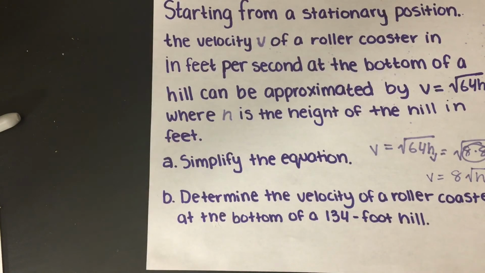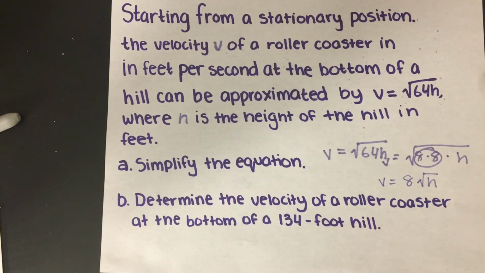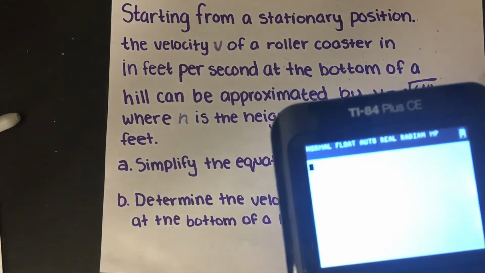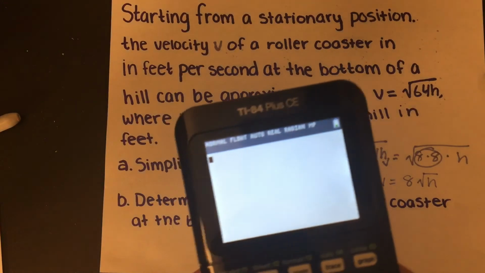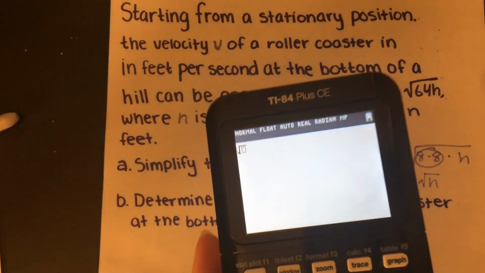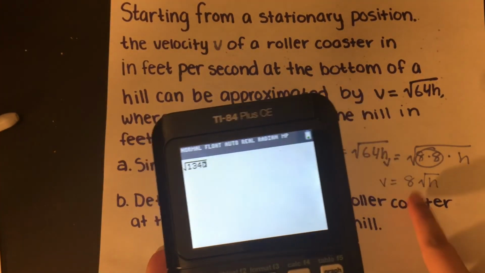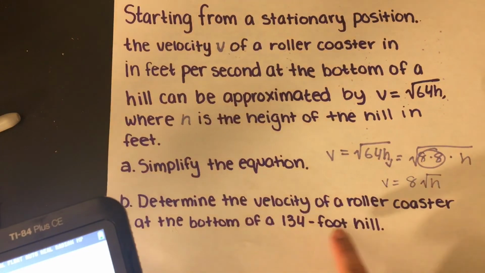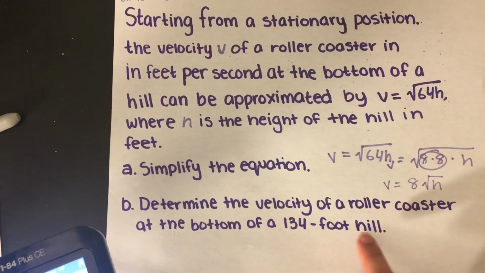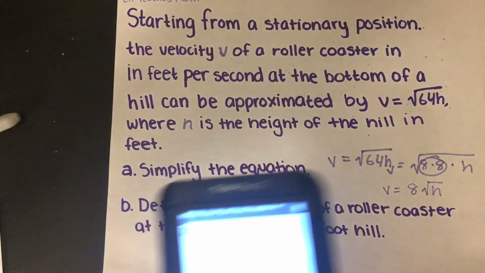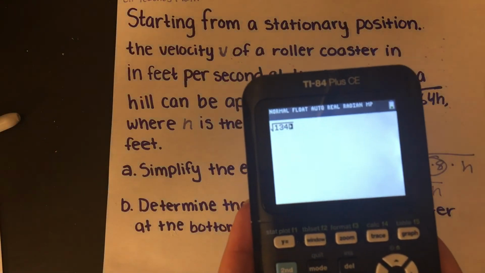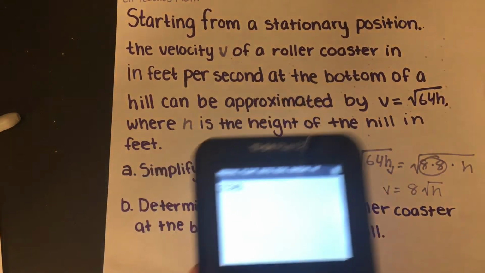Now it says determine the velocity of a roller coaster at the bottom of a 134-foot hill. To do this, we will need a calculator because, well, it's faster. So let's do it. The square root of 134, because again, we're substituting for the height, a 134-foot hill. So we're going to substitute h with 134 feet.